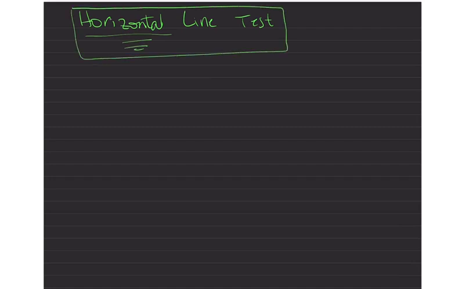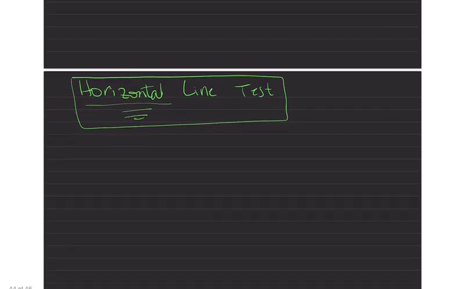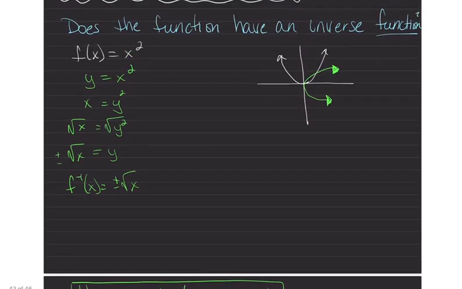Don't ask me why I'm putting so many squares and lines over it, right? So what the horizontal line test tells us, if we go back up to this original graph that we had, and we originally graphed y equals x squared, because that was our original, right? So it's a function because it passes that vertical line test.